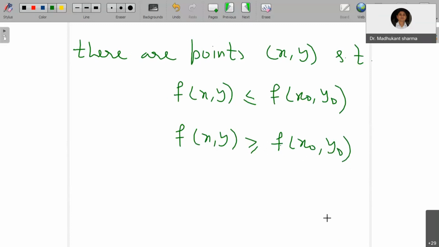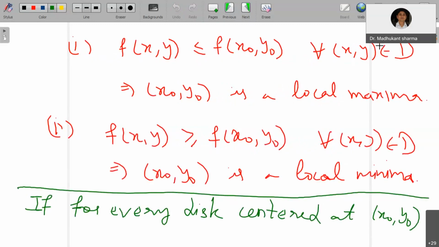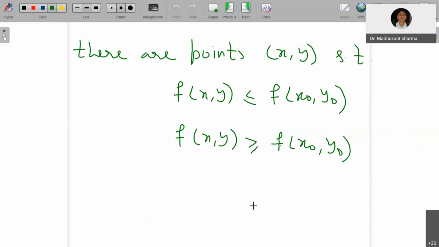So for every disk, let's say D1 centered at x naught comma y naught, there are points x comma y in D1 such that for some points f of x comma y is less than or equal to f of x naught comma y naught, and for others f of x comma y is greater than or equal to f of x naught comma y naught.